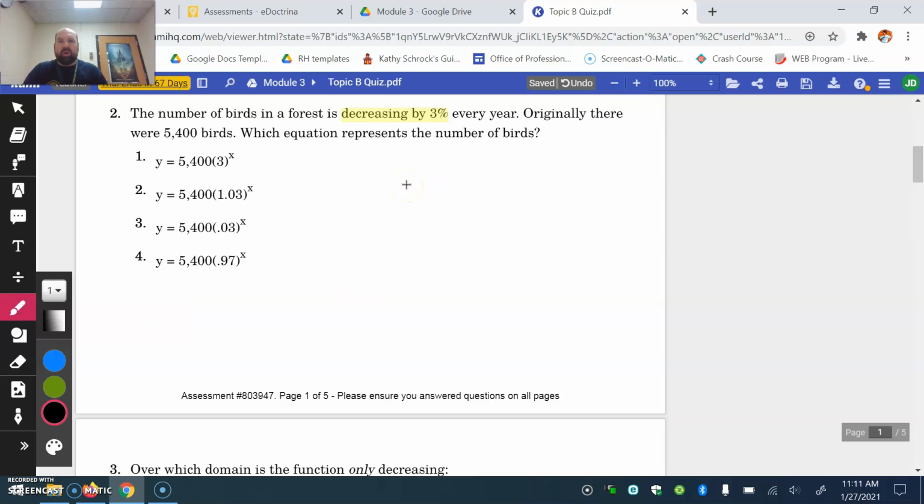Okay, so I want to just refresh your memory. An exponential equation looks like this: a times b to the x. A is the initial value, so I'm just going to abbreviate IV, initial value. B is the growth or decay factor. Now, it says decreasing by 3%.